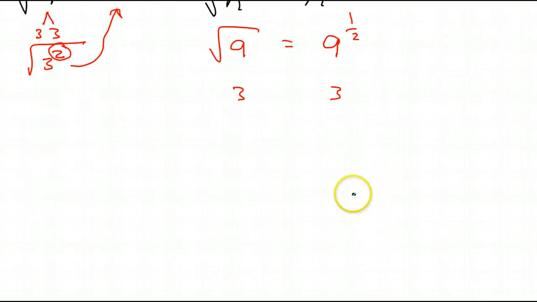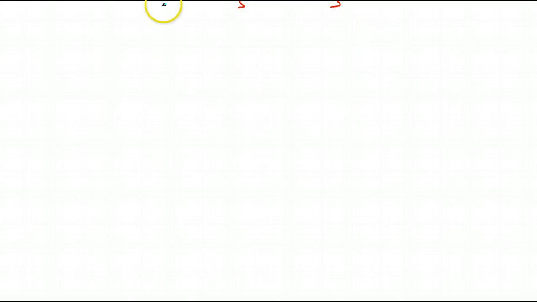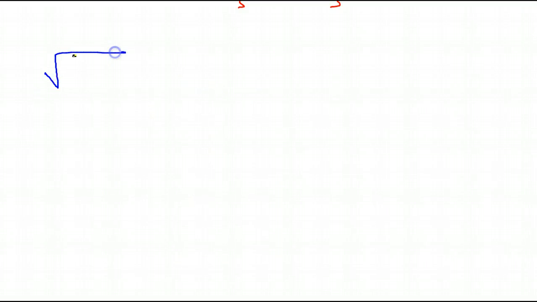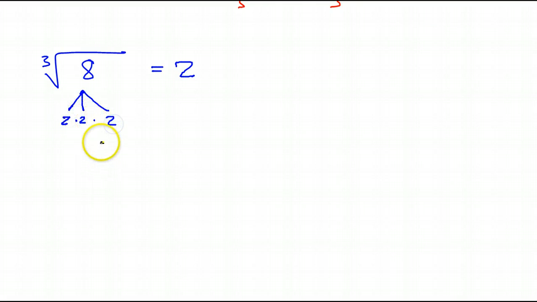Now it works for additional roots and powers as well. Okay, cube root. We know that the cube root of 27, let me use something different. I'll do the cube root of 8. The cube root of 8 is 2, because 8 is 2 times 2 times 2.